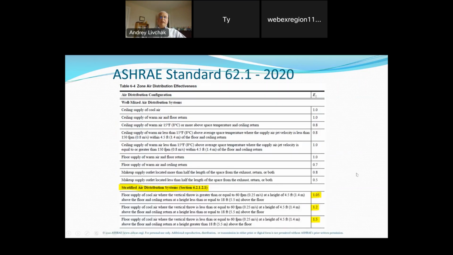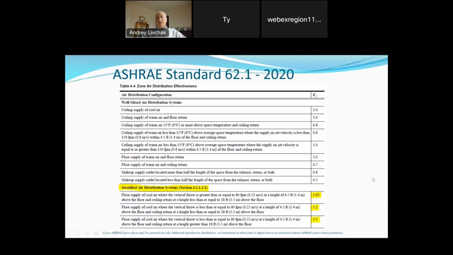Now about ASHRAE Standard 62 and displacement ventilation. As I mentioned, due to the stratification effect and better air distribution effectiveness, displacement ventilation gets credit in Standard 62.1 compared to a mixed air distribution system.